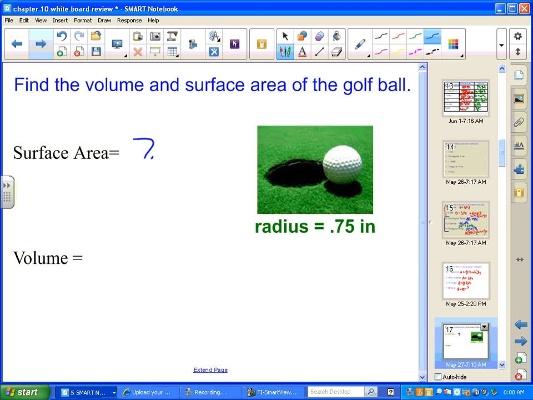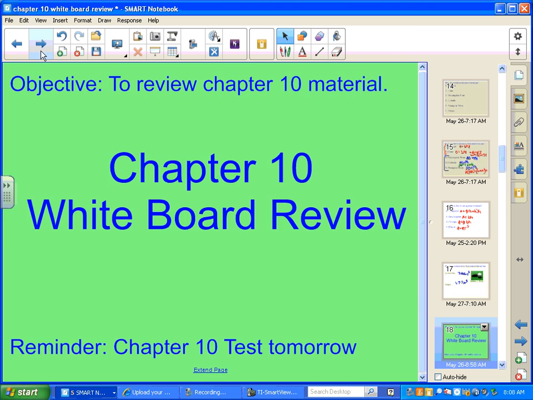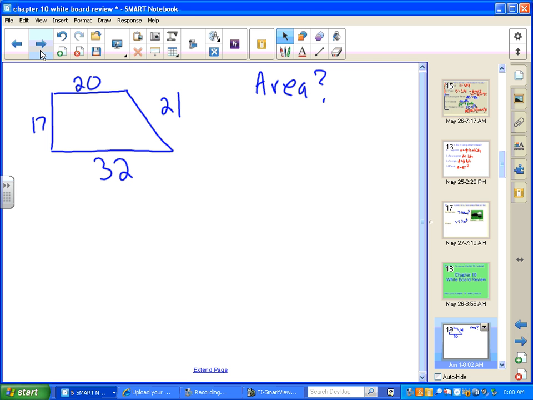Okay, 7.065 inches squared and then 1.77 inches cubed. Questions on sphere, volume, or surface area? Okay, erase. Next problem. Okay, find the area. Hey. Quiet.